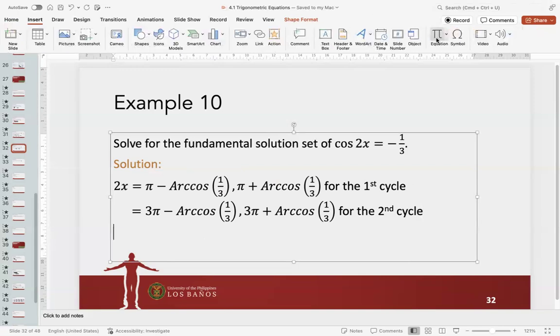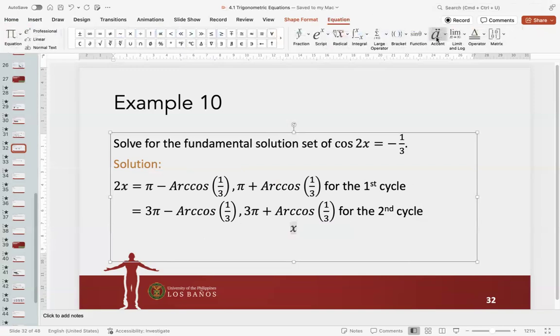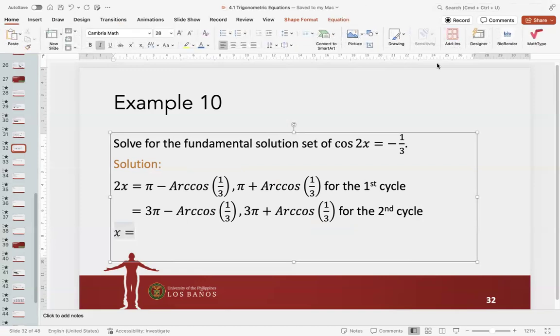Okay? So now that we have our solutions in the first and second cycle, we now solve for the value of x. So in solving for the value of x, again, we will just have to divide each of these solutions by 2 or multiply each of these solutions by 1/2. So if we do that, we just have pi minus arc cos 1/3 times 1/2.